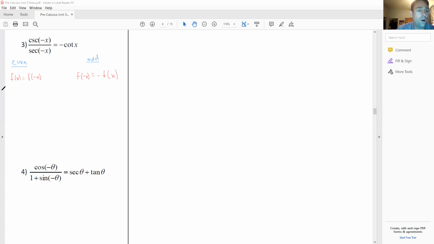So when I'm plugging all these in here, our even functions for trig were cosine, and therefore also secant. Those were our even trig functions.